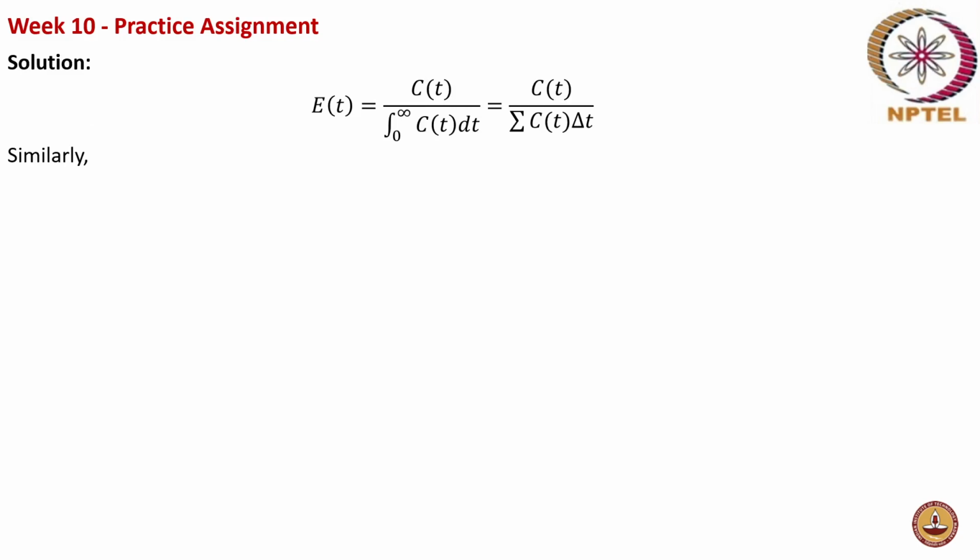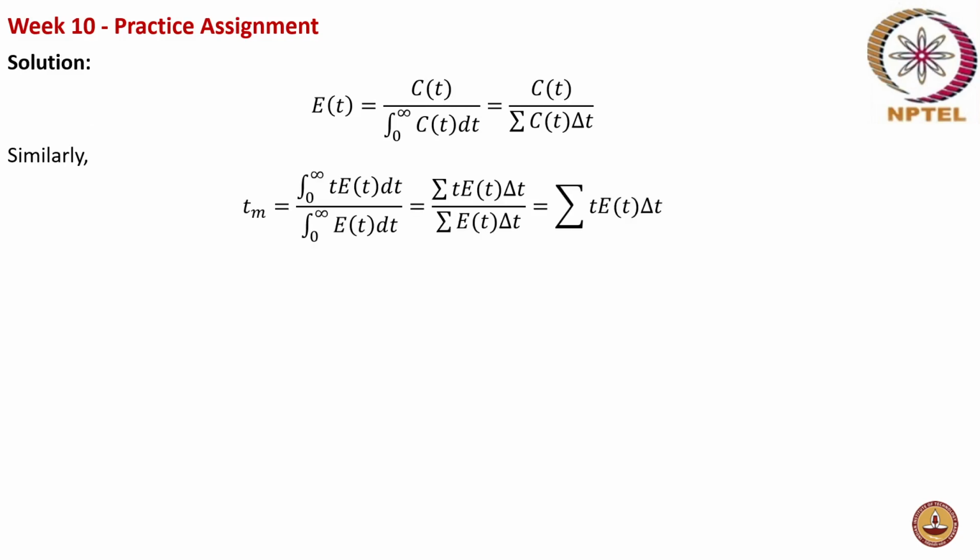Similarly, we have to find the mean residence time. Your mean residence time is given by the integral from 0 to infinity of t into E of t dt divided by the integral from 0 to infinity of E of t dt. Which again can be written in terms of summation, where Tm is equal to the summation of t into E of t into delta t divided by the summation of E of t into delta t.